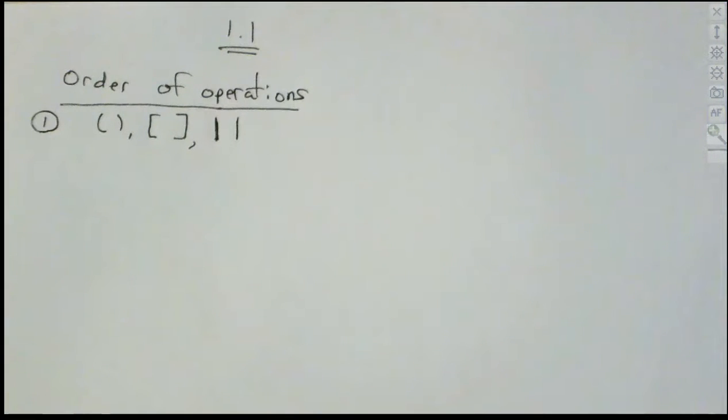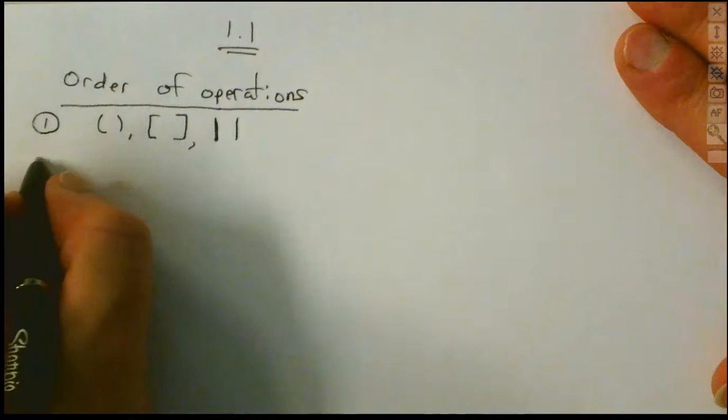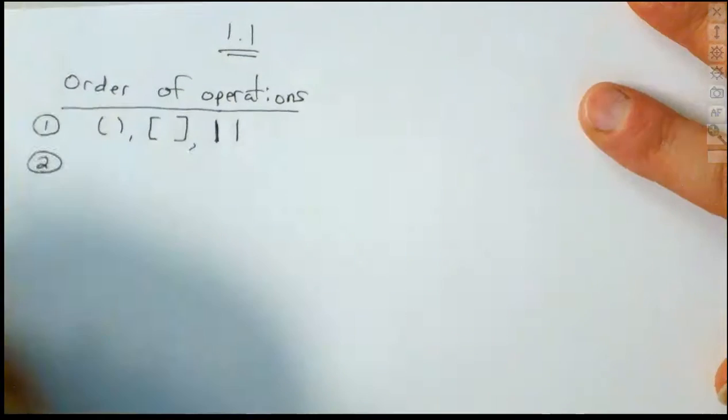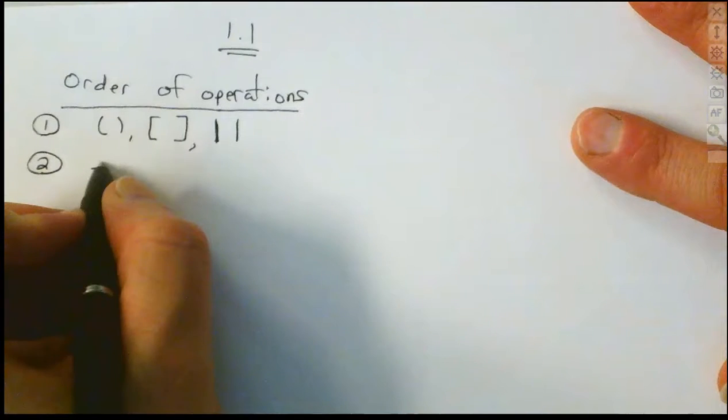Now, once we have gone through our parentheses, square brackets, and absolute values, they're done in the same order. They're done first. We work from left to right. Once we have those completed, then we look at our exponents and square roots.